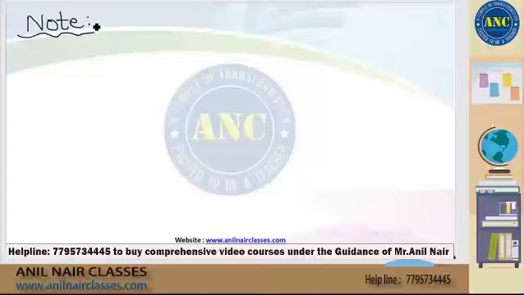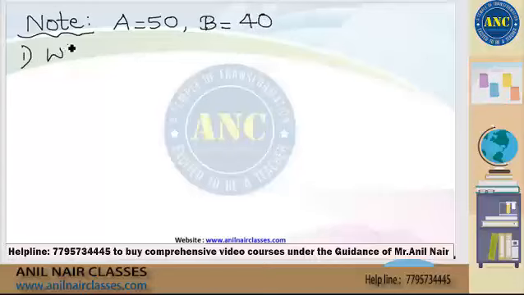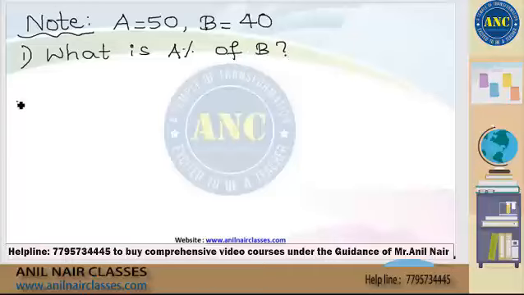Now see here, sir. Let me give some values for A and B. Suppose A is 50 and B is 40. These are just examples so that I can explain with numerical values. Suppose your first question is, what is A percentage of B?